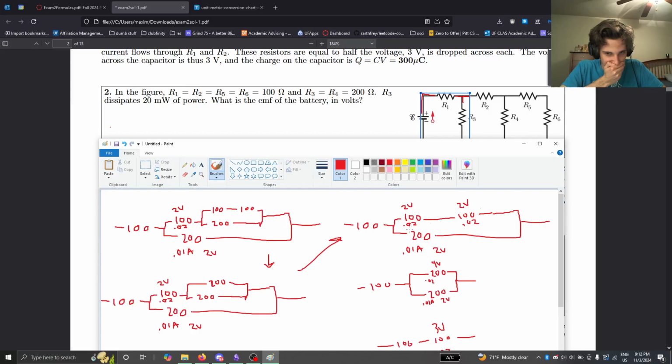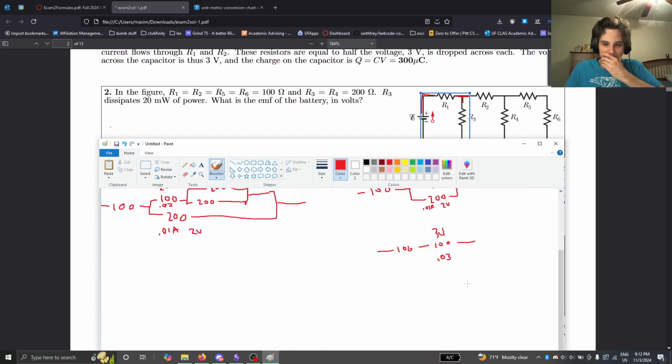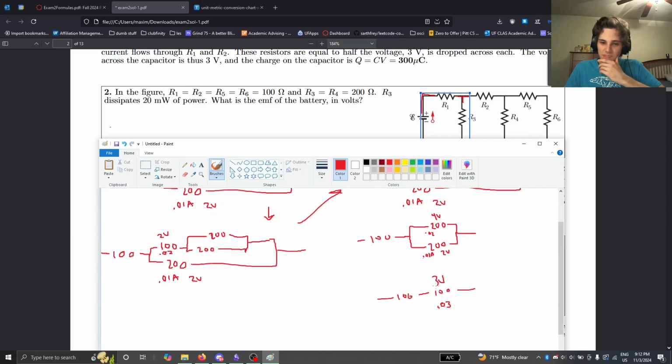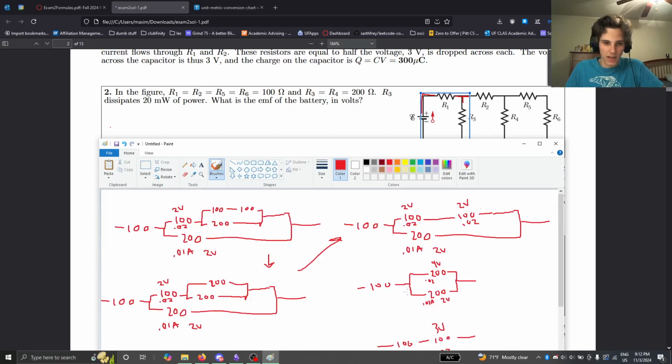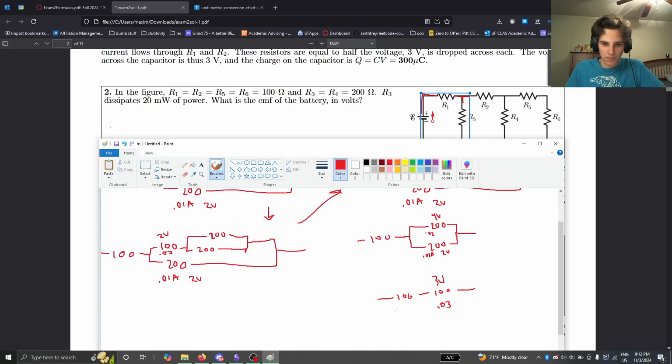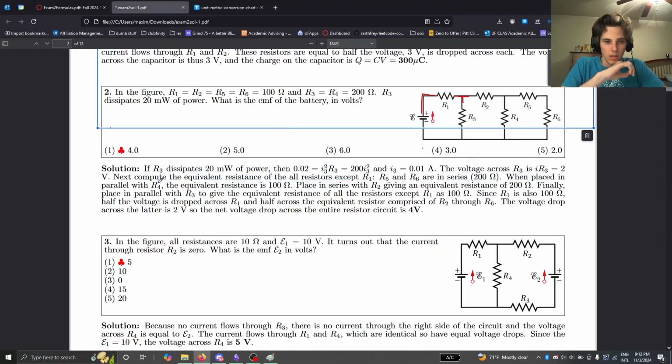Okay. And you added those, and then that stayed the same. So we get 4 volts there. That sounds about right. Anyway, I think I'm just maybe being dumb.